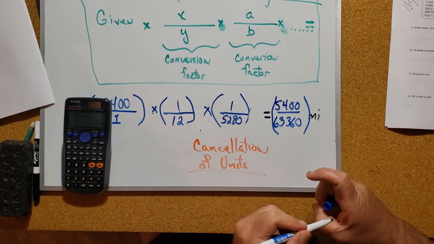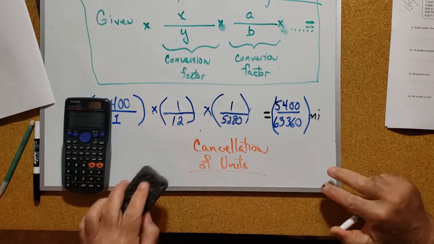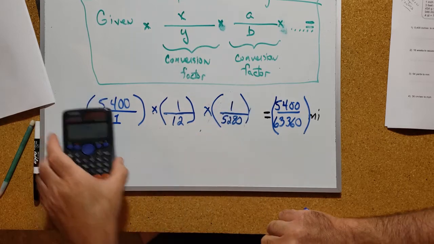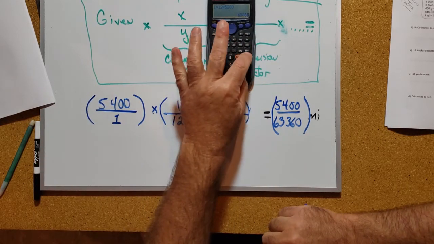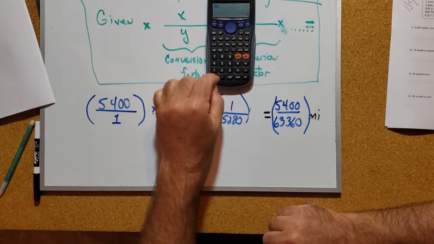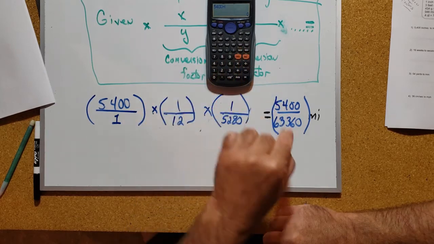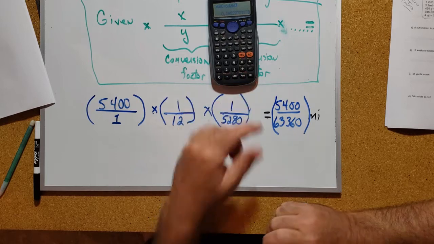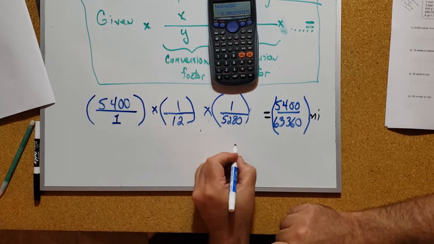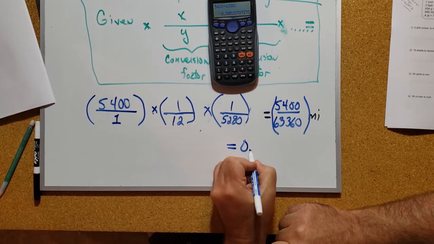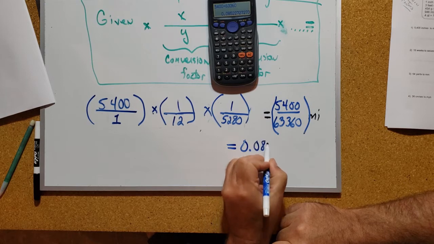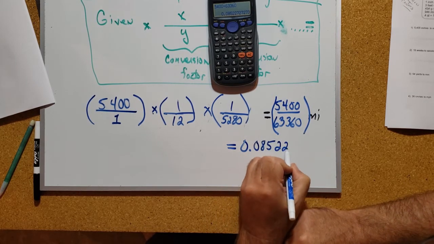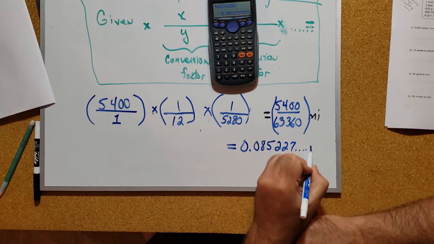Now, I am not going to leave this in fractional form. I'm going to actually do this as a division problem. So I'll clear out my calculator. 5,400 divided by 63,360 is equal to 0.085227, and then a whole bunch more numbers, and then that's miles.